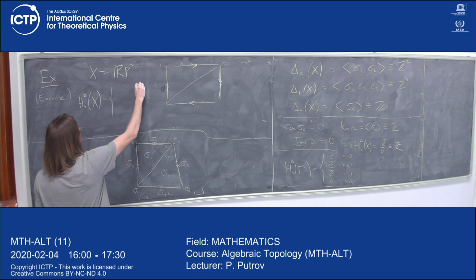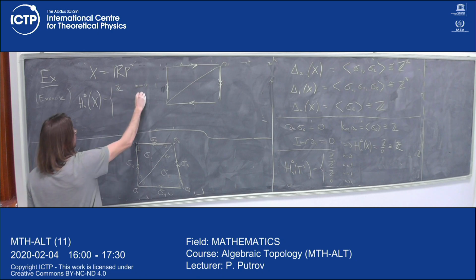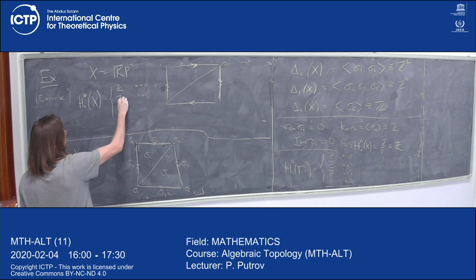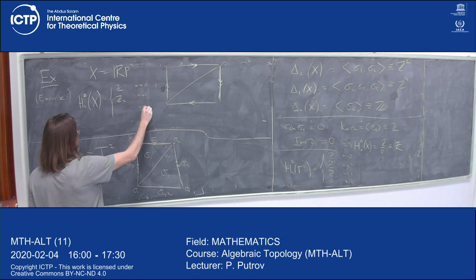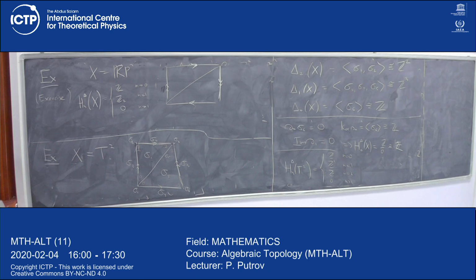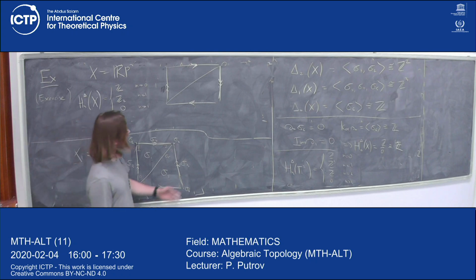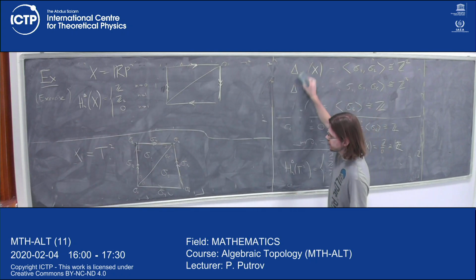If you do this, you can find the following result. For n equals 0, you get Z. For n equals 1, you get Z2. And for n greater than 1, you get 0. Essentially, the idea is to use the same technique.